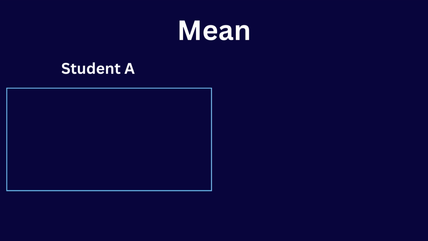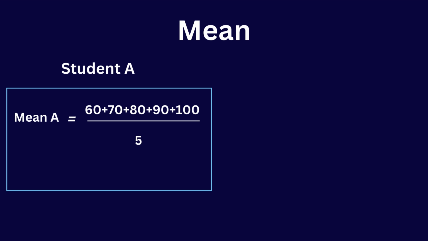Let's calculate the mean of test scores of student A. 60 plus 70 plus 80 plus 90 plus 100. So altogether 400, and you divide it by 5 because we have 5 scores. So the final answer is 80.